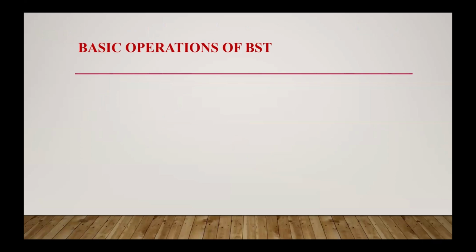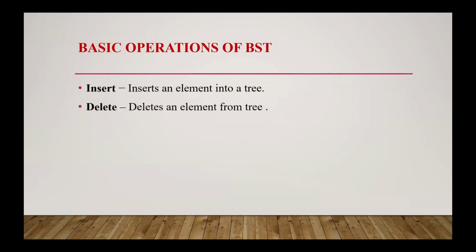So next, what are the basic operations we can perform in a binary search tree? First one is insert, meaning we want to insert an element into our tree. Second one is delete. In the case of a binary search tree, creating the tree we can treat as inserting elements into the tree.